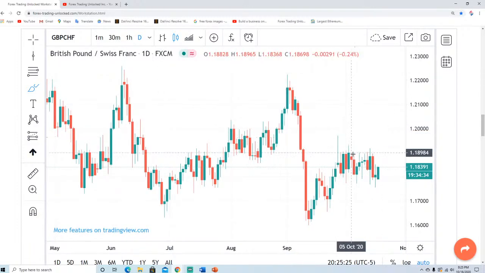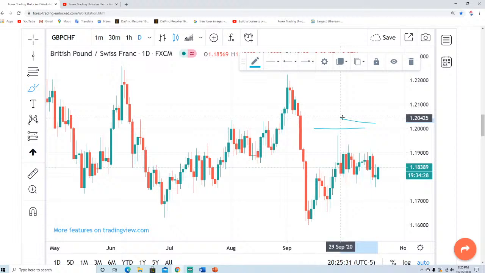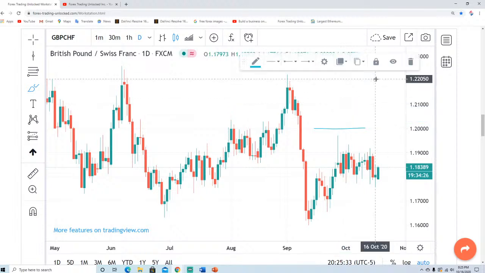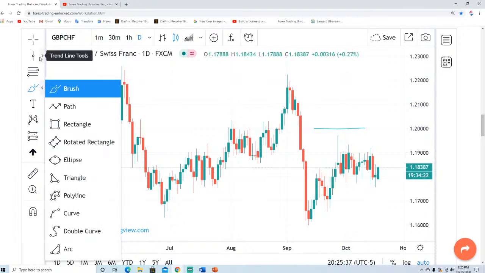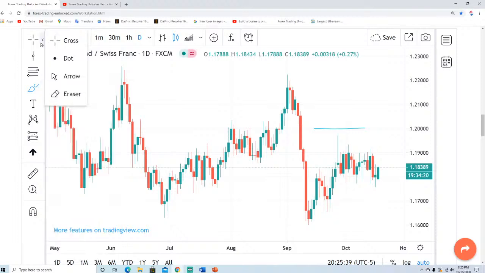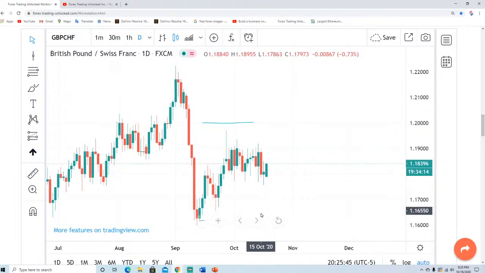Whoops, how did that happen? All right. Oh, whoops. We don't need this. Okay, I've got to get that off. Get the pointer back. Okay, all right, there we go. So we have the pound Swiss.